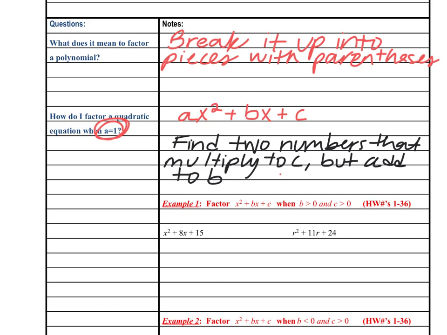And then you'll write it like this. So you'll have two binomials usually. I think this is kind of fun because it's like a puzzle. You've got to find those two numbers, make sure it works, that it multiplies to the c term and adds to the b term, and then you break it up into two parentheses. You make sure it works, and you're done.